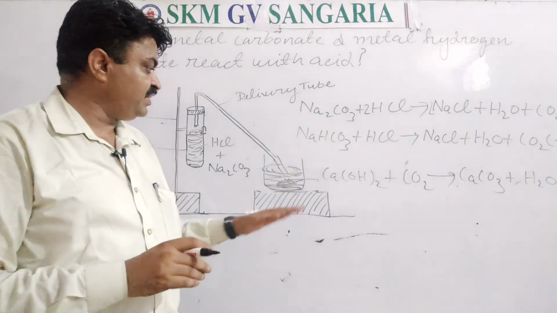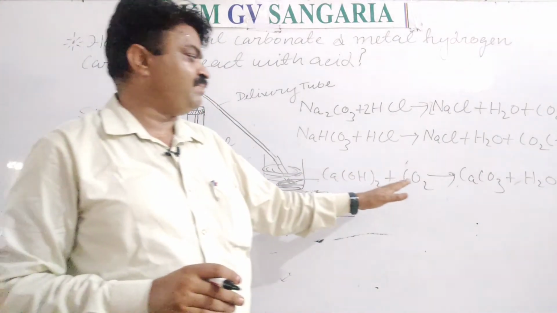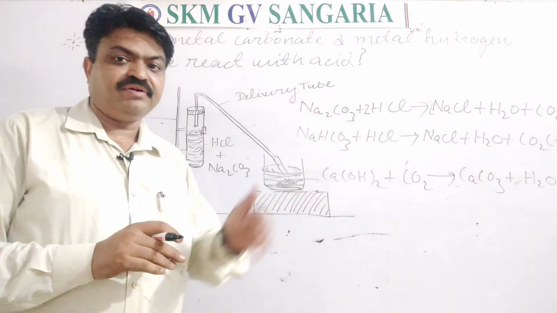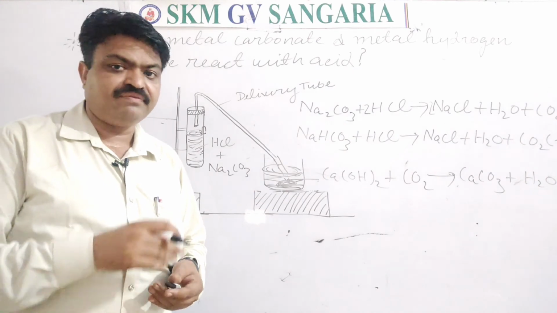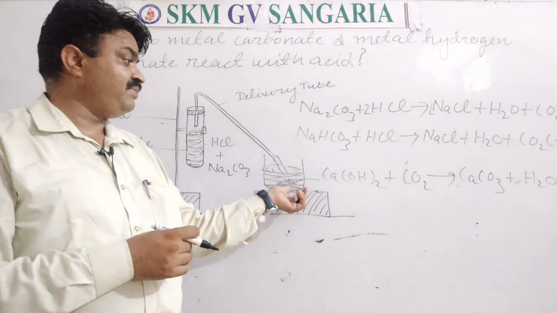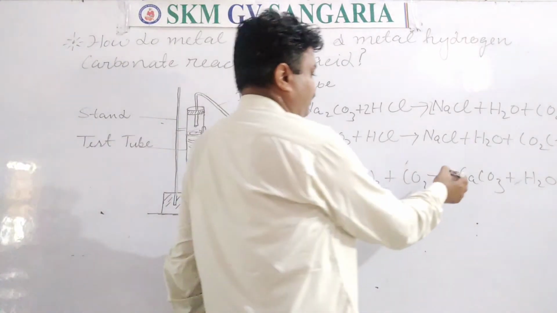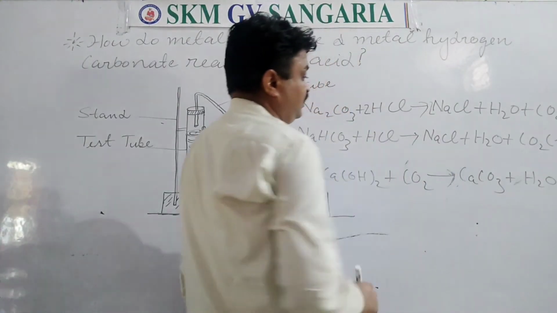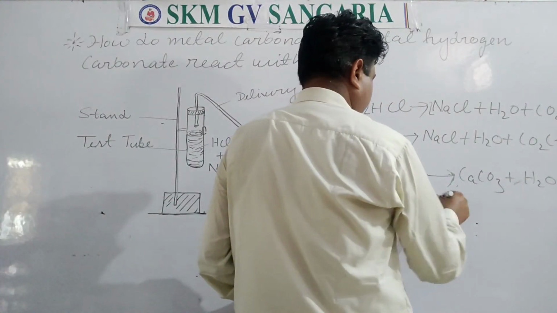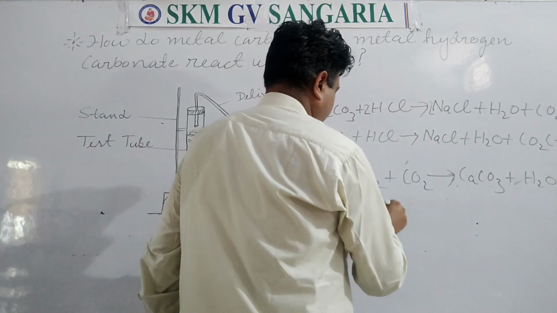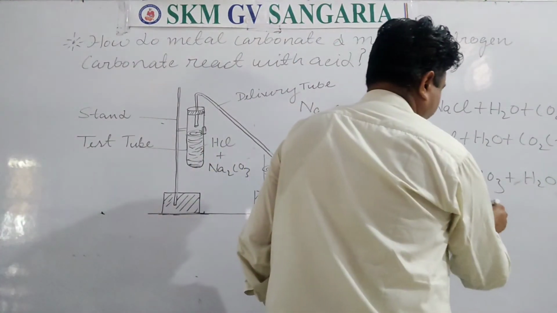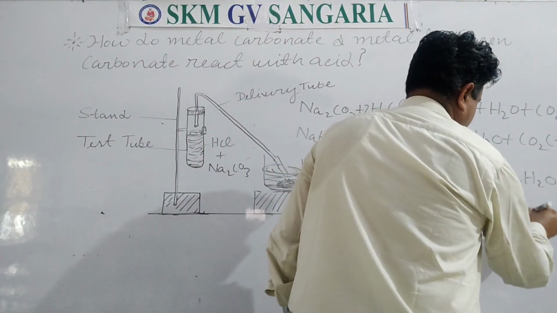But student, if we continuously pass that carbon dioxide through the lime water, then what do we get? We get the white suspension again, meaning the suspension that we get will become transparent after some time due to the formation of another substance: Ca(OH)2 plus CO2, then what will it form? It will form Ca(HCO3)2.